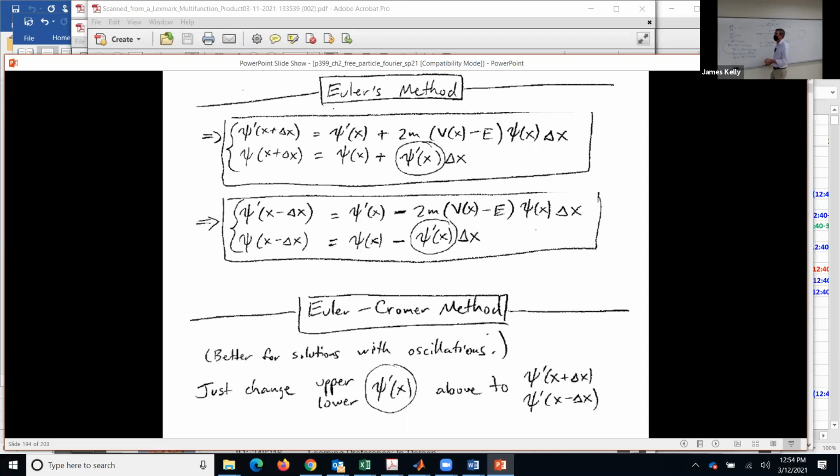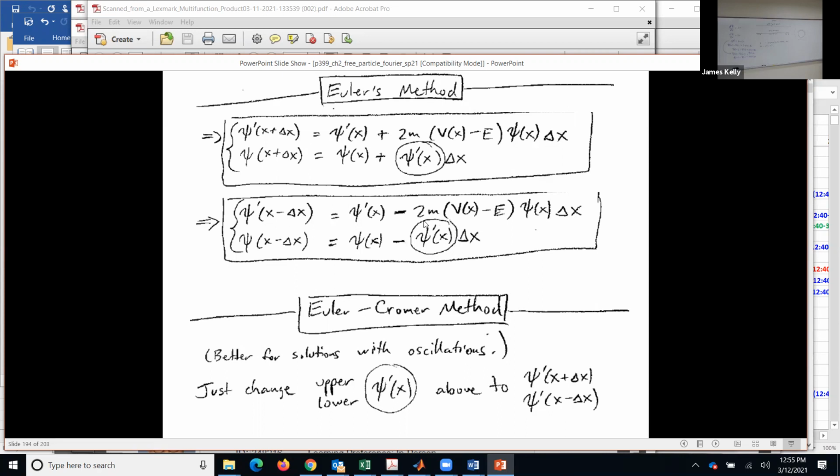The Euler-Cromer method really is almost the same thing. The Euler method says, if I want to get psi prime and psi at the next position to the left, here's how I do it in terms of the values of psi and psi prime at the current positions and delta x. The change in the Euler-Cromer method is, instead of these things that I've circled in these two equations, if I compute the new psi prime at the next position over first, I could use that instead of the old one.